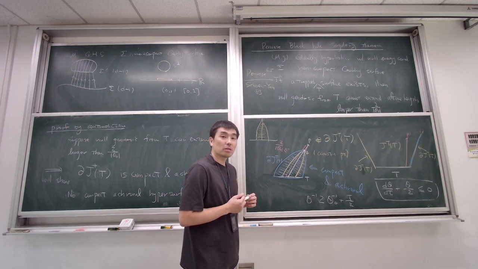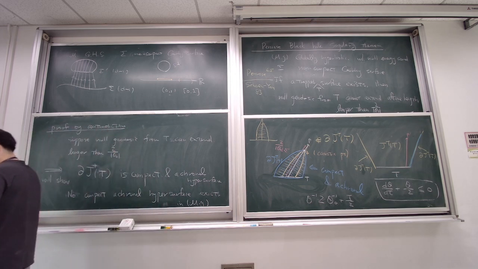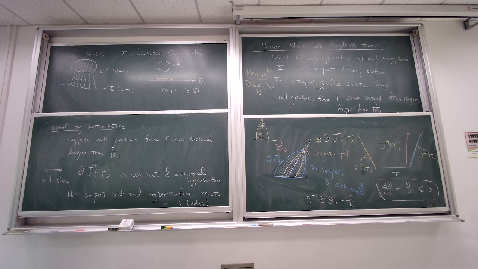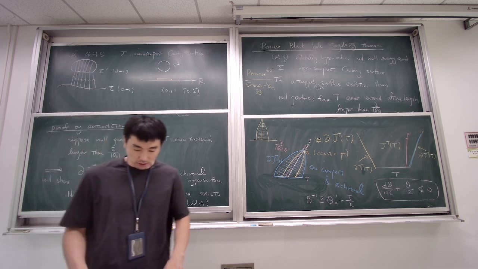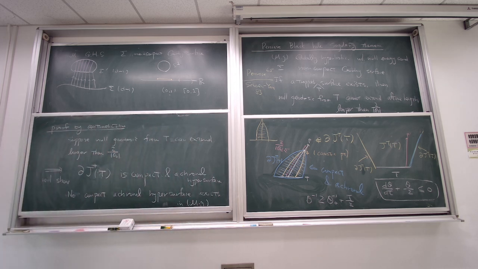Any question at this moment? So that's the proof of the Penrose singularity theorem. I haven't written down the precise proof in the lecture notes. Most likely I will try if I have time.